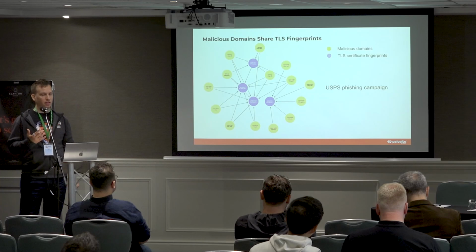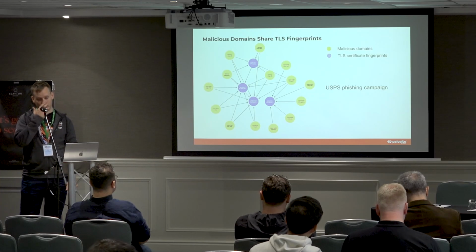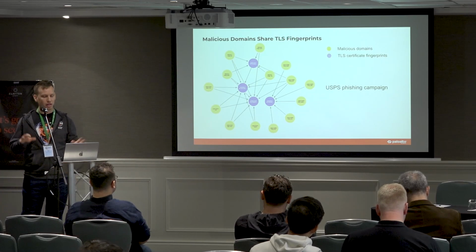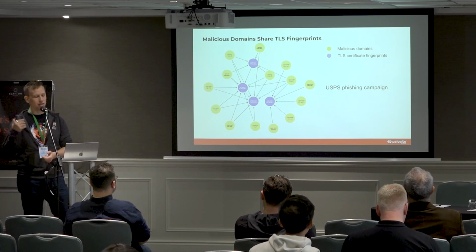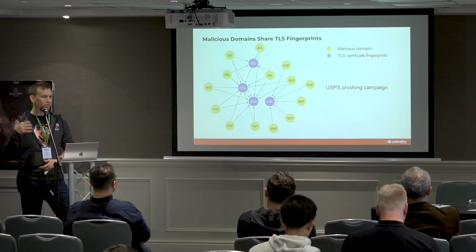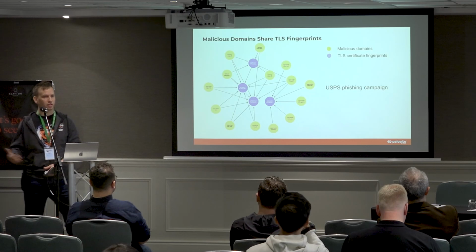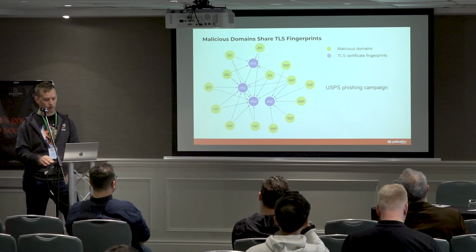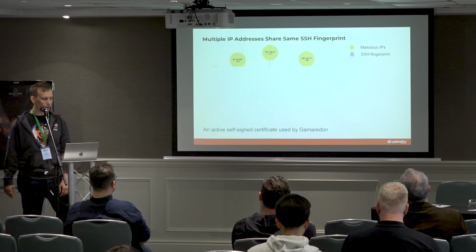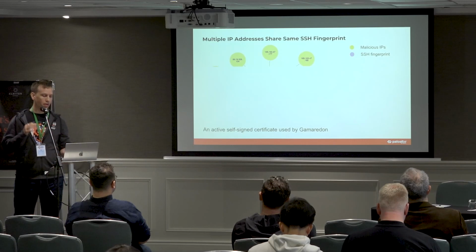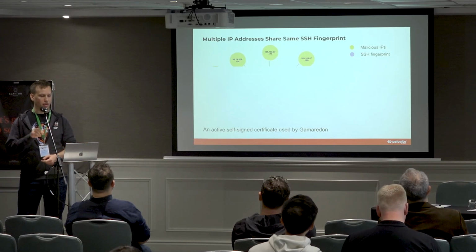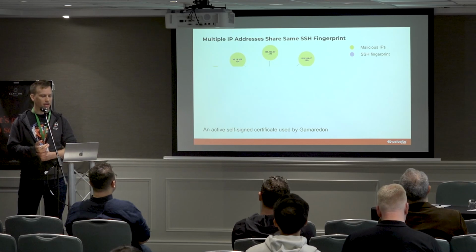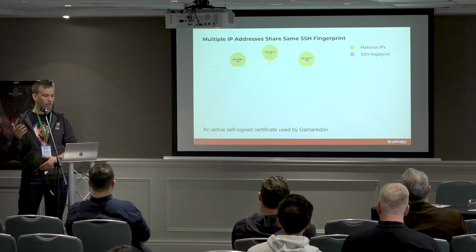Then we have seen this phishing campaign impersonating USPS. And here the yellow nodes are malicious domains and pink nodes are the TLS certificate fingerprints. And we see these multi-domain certificates. That gives us a very strong connection among these domain names. In this other one, yellow nodes are Gamaredon IP addresses and pink nodes are their SSH self-signed fingerprints.